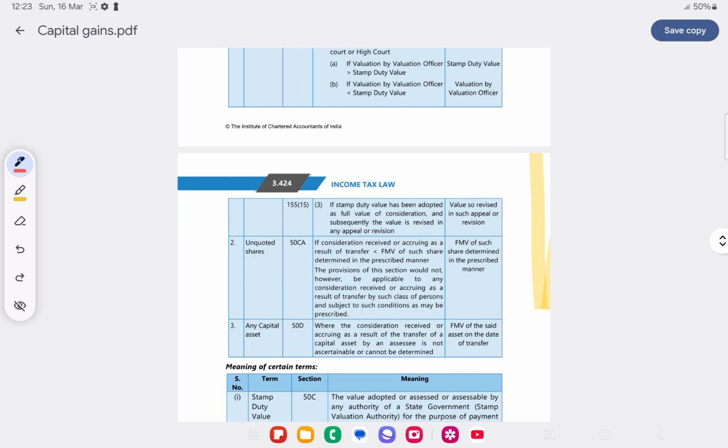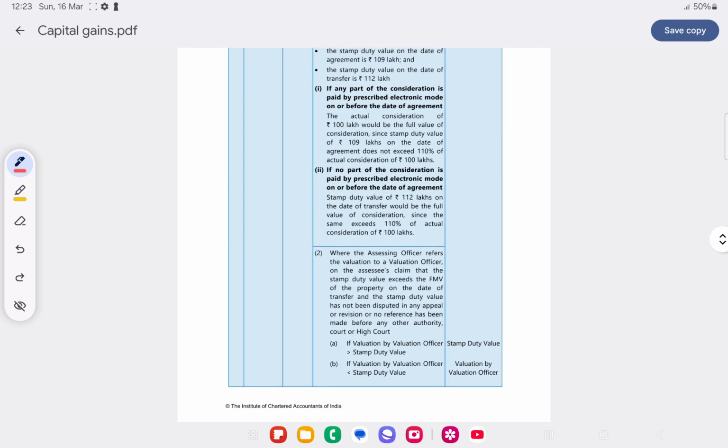Now what happens is, where the assessing officer refers to the valuation officer. The assessing officer is not happy with the stamp duty value. He is referring to the valuation officer and claims that stamp duty value exceeds the FMV of the property, and stamp duty value has been disputed. Then what will happen?